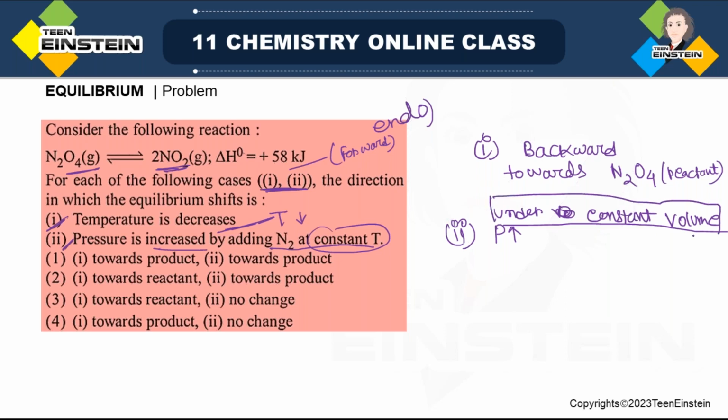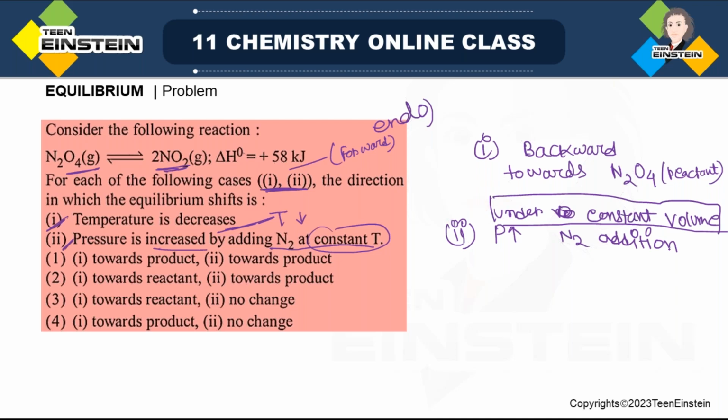Under this condition, when you are increasing the pressure by addition of nitrogen gas, this will disturb the system. How will it disturb? It will disturb the system by changing the volume. But volume is constant, right? That we have maintained.